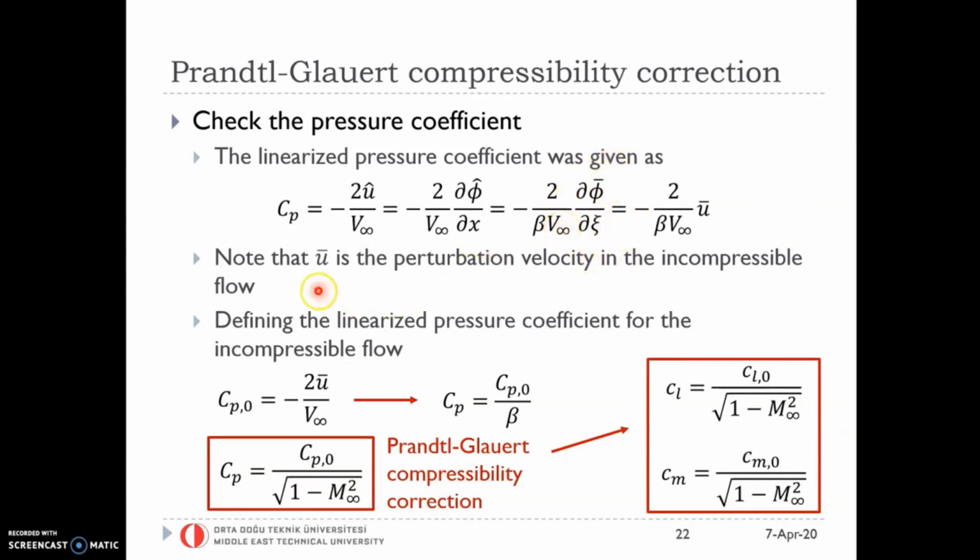Okay, so knowing that, we can now equate Cp0, which is the pressure coefficient in the incompressible flow, to -2 u bar over V infinity. Then we get this relation, Cp equals Cp0 divided by beta, and we know that beta is the square root of 1 minus Mach infinity square.